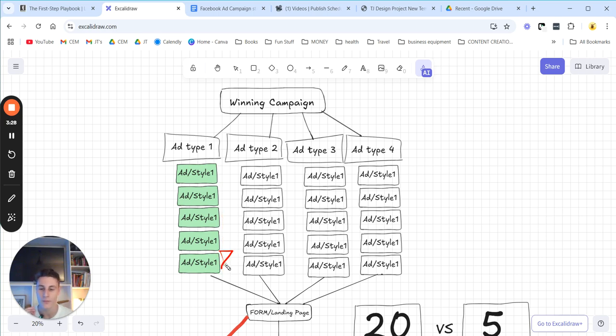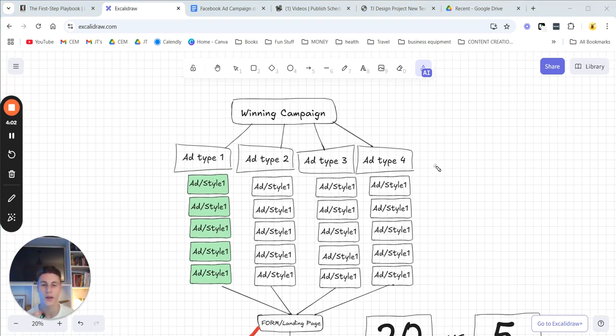Now, the variations are somewhat irrelevant because you're testing at such a large scale that the variations are going to even out, and you're going to find a winning campaign at the end of the month or at the end of the time period. Now, the big caveat with this is that you can't just test the same variations for the same ad sets. You have to test different variations for different ad sets, meaning if I'm testing videos, I have to test different video hooks, versus if I'm testing photos, I have to test different headlines, all right?